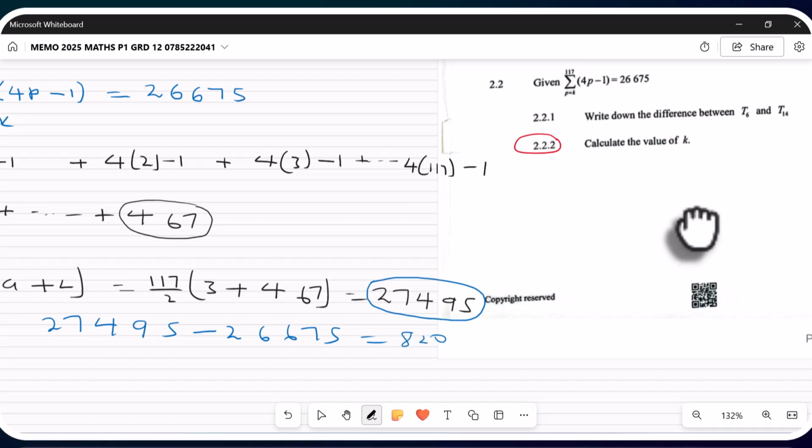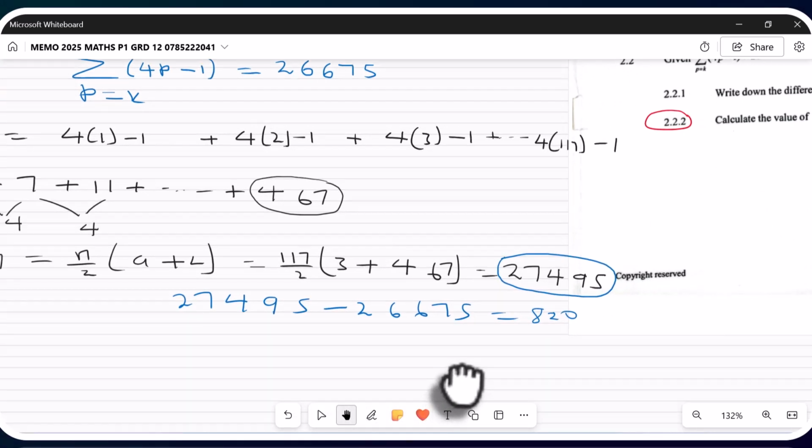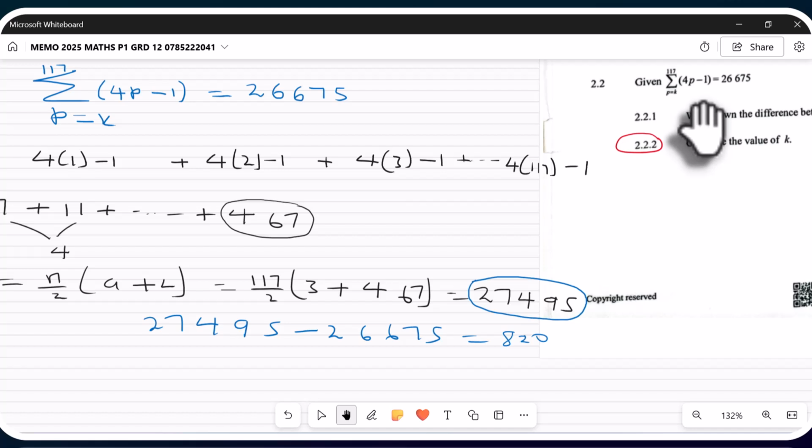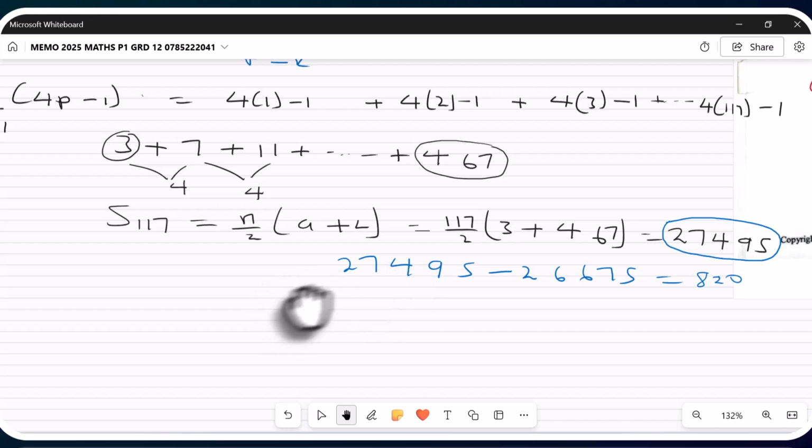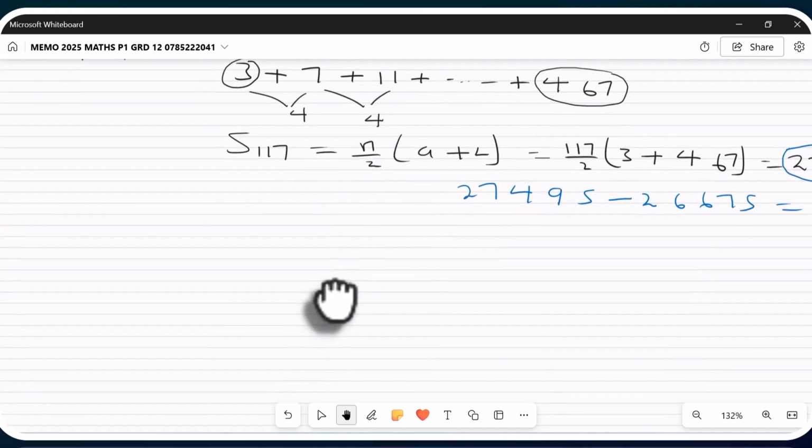So I'm looking for the n. Now n over 2 into 2a, where my first term a is 3, plus n minus 1, and the common difference is still 4, so multiplied by 4. Now this should be equal to 820. Are we together?